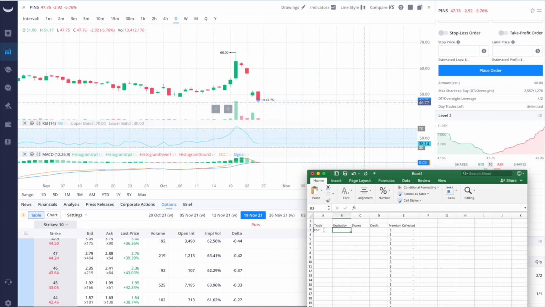Expiration, I'm going to do November 19th. And then shares, I did 200 because I did 2 orders. One order is 100, so times that by 2 is 200 shares. And then credit, 1.95. And then my premium collected is 390.